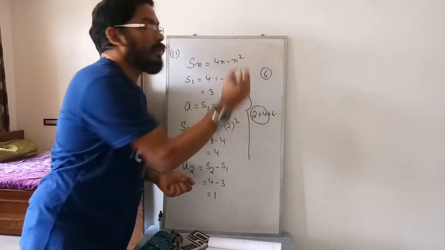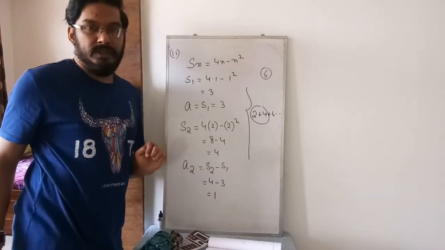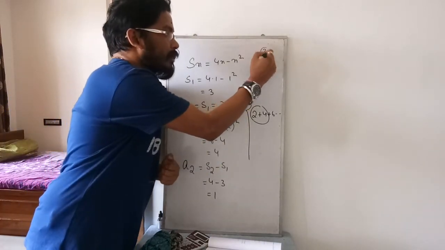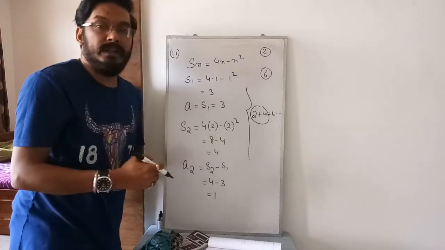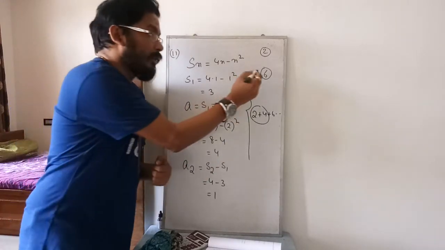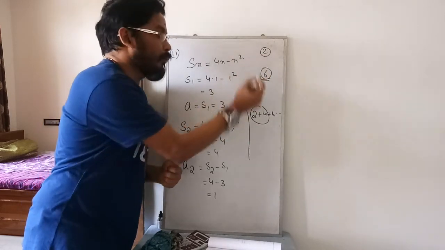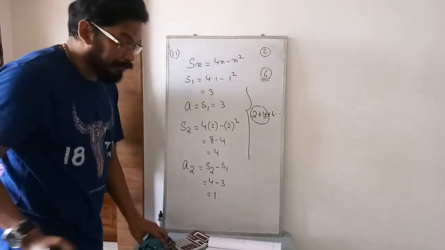Now I ask what is the second term. Suppose you know the sum of the first term is 2 and the sum of two terms is 6. From the sum of first two terms, you subtract the sum of the first term. 6 minus 2, 4. You will get the second term. So this is the process which I have followed here.